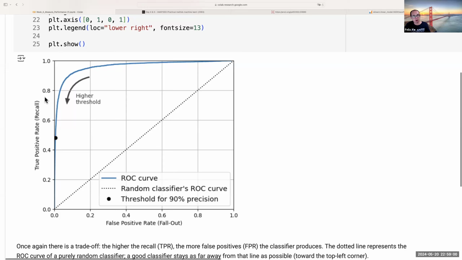But our ROC curve is very close to the upper right corner, so it's doing a pretty good job. However, if you want to ensure getting 90% precision, this is something that you'll be choosing here. That will be the threshold for getting 90% precision.